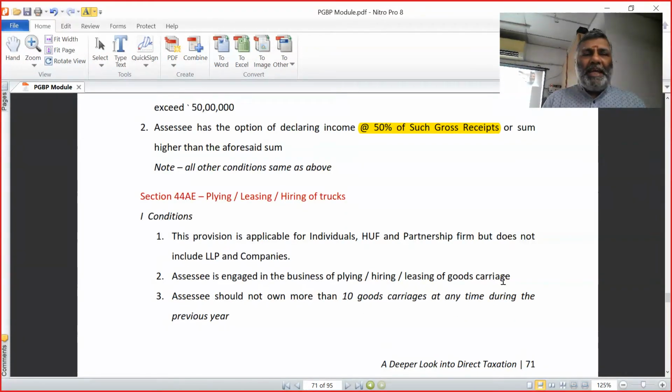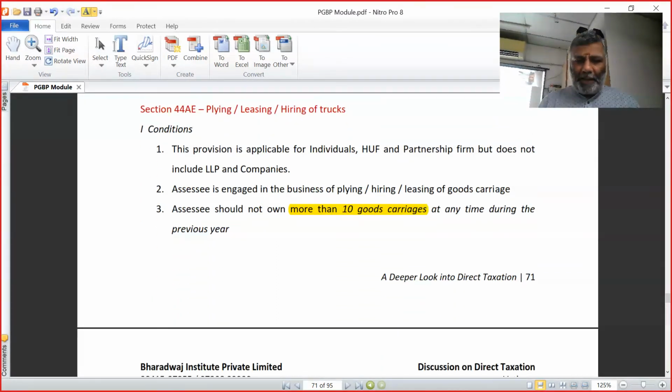44AE, plying of goods vehicles. The assessee should not own more than 10 goods carriages at any time during the previous year. You should not own more than 10 vehicles. Then only this provision is applicable.